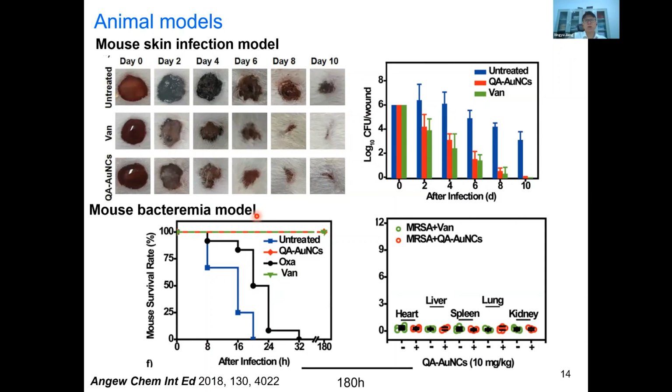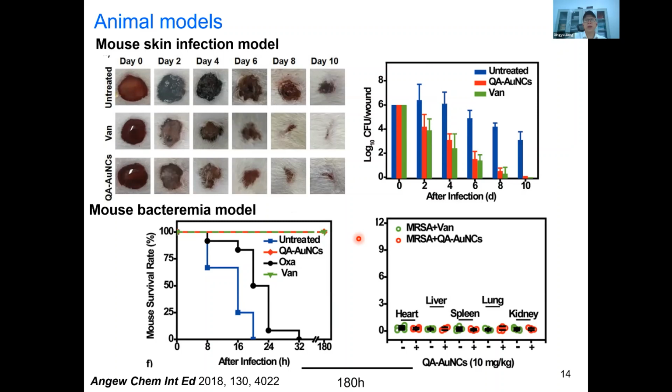And if you don't treat the mouse, or if you just treat the mouse with an antibiotic that's not so potent, the mouse will all die within a matter of 32 hours. But if we treat with the gold nanoclusters, they all survive.